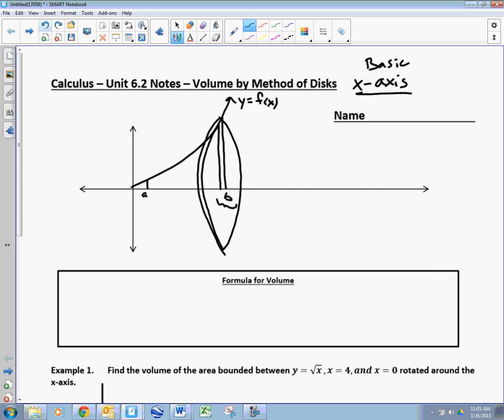So you can see that when I take this rectangle and spin it around, I'm going to get a very, very thin disc shape, like a CD.